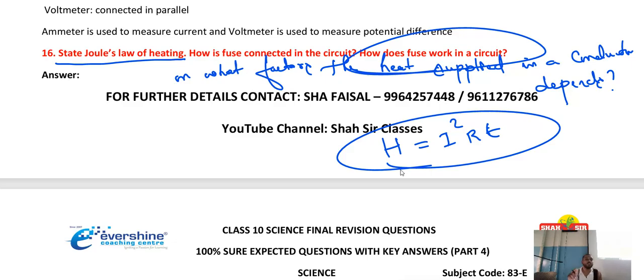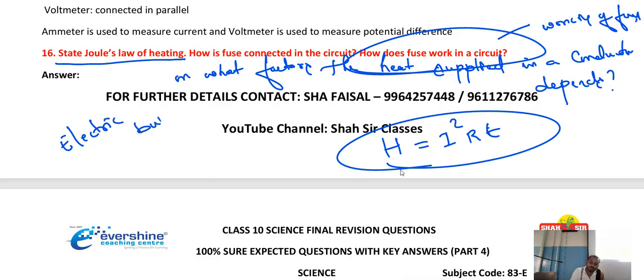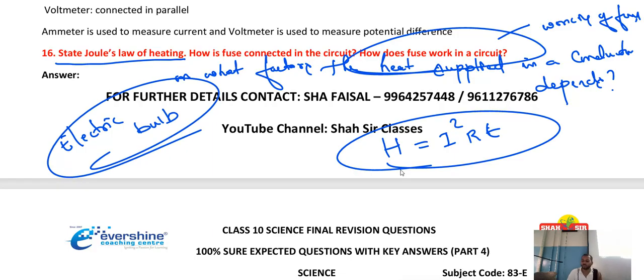Instead of how does the fuse work, sometimes they may ask you to explain the working of a fuse. They may ask you this question like this also. Explain the working of a fuse or explain the working of an electric bulb. Remember, these are the two questions.